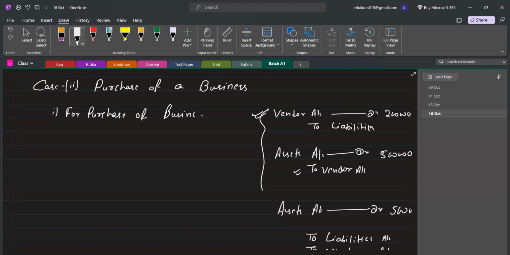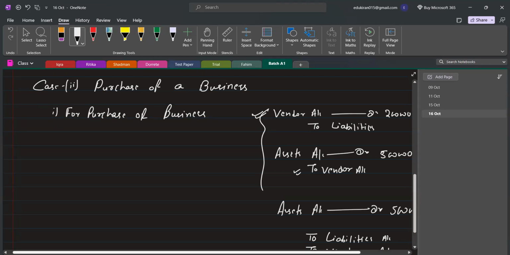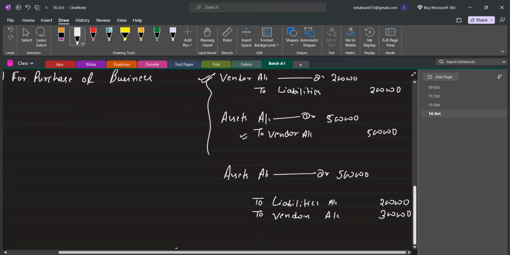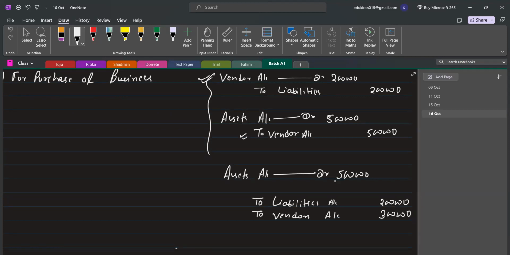Actually, one more thing I have to add here. There is one thing left. Now, in this question, if you can see here, we have written 5 lakh as assets and 2 lakh liabilities. The vendor amount is 3 lakh.